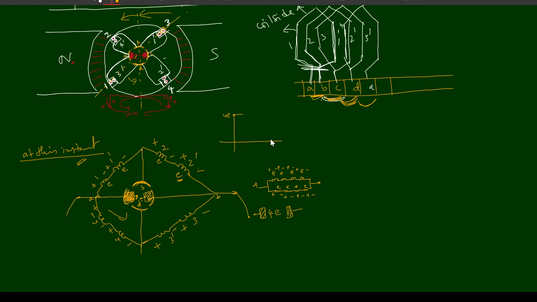Let me take this as the 0 instant, this is 0 degrees, and at 45 degrees your rotor will be tilted by 45 degrees. Okay, let me draw here once again so that it will be clear.